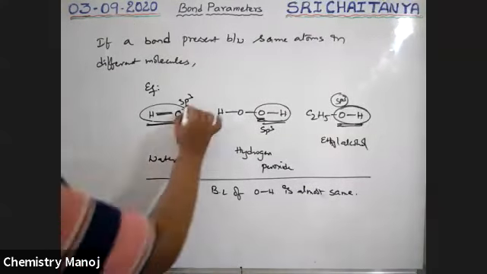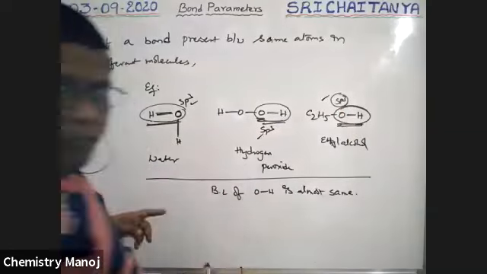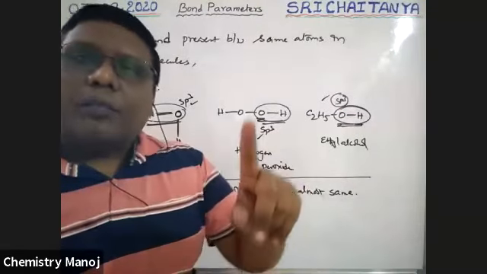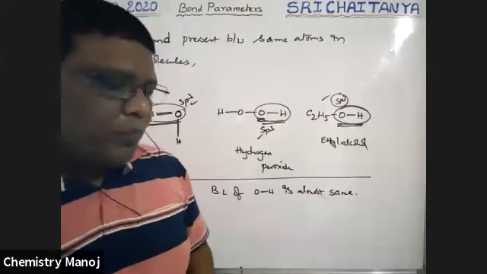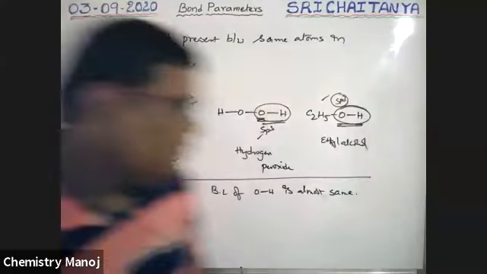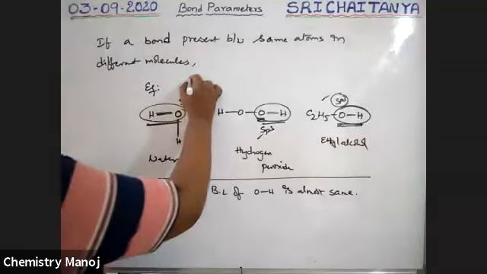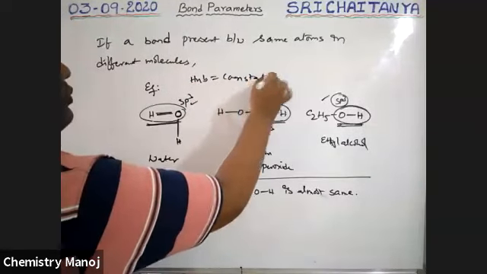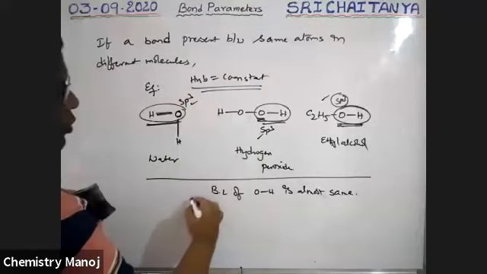But if hybridization is different, the bond length automatically varies. Here hybridization is constant, so bond length is the same.